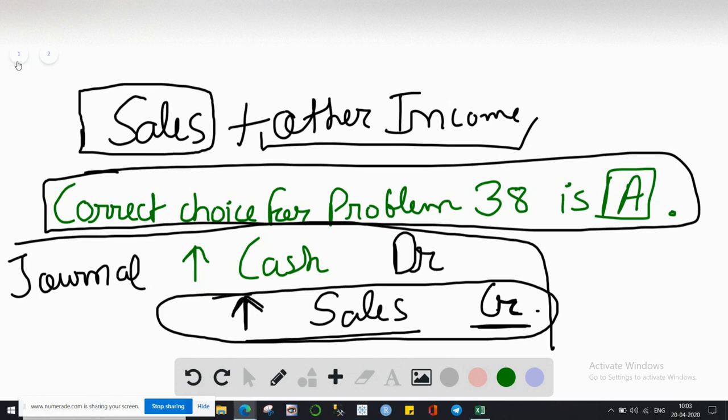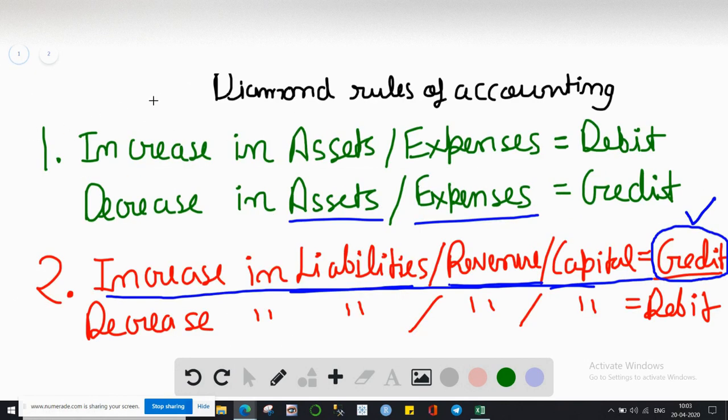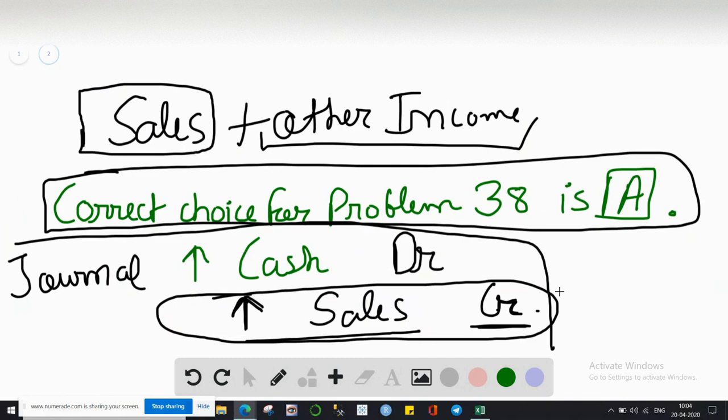For every problem in accounting, you will get help from the diamond rules of accounting, so please make sure that you revise all of the rules before your exam or before anything you will face in the future. Okay, that's all for the solution. Thank you.